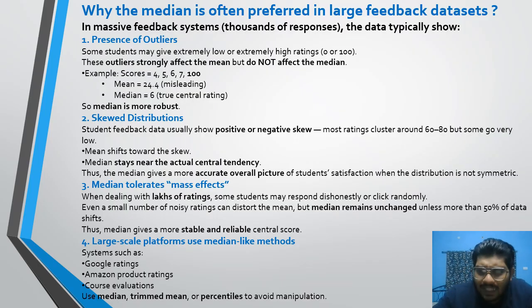So the mean just goes with the flow, where the mean changes, but the median remains unchanged, unless more than 50% of the data shifts, right? So 50% of data is big data, right?